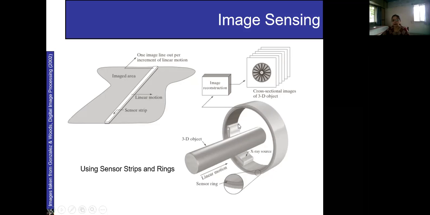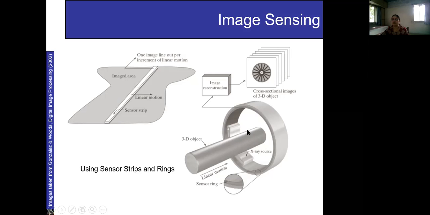Now, in order to capture one cross section of this object, it is necessary to rotate this ring around this object so that it can capture cross-sectional data of this object in 360 degrees.